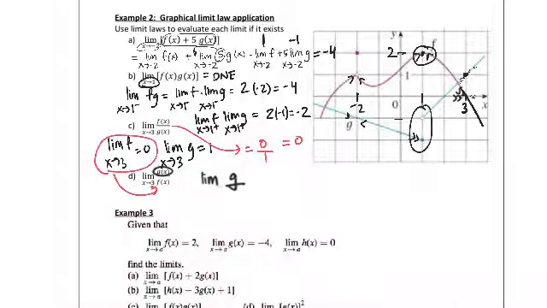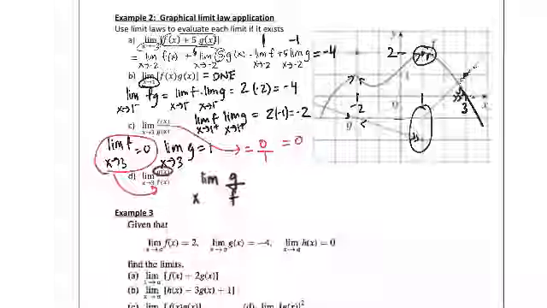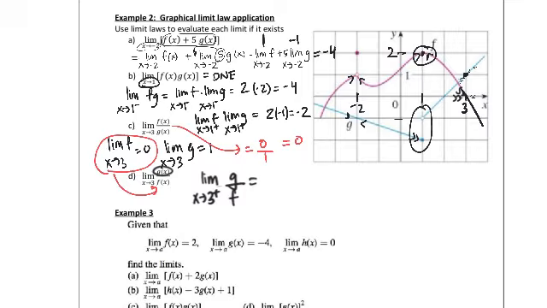I'm really not using the laws because I'm not allowed to, because the denominator limit is 0. But I'm just thinking through this, and I'm saying if x approaches 3, let's do the left side first. If x approaches 3 from the left, then g is approaching 1, and f is a smaller and smaller positive number. So the quotient is going to become infinity.